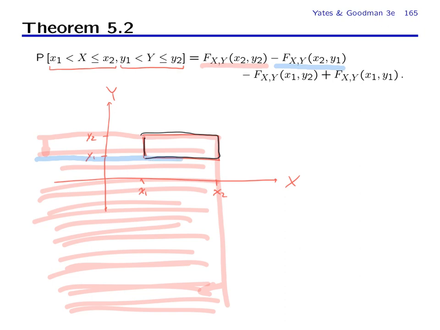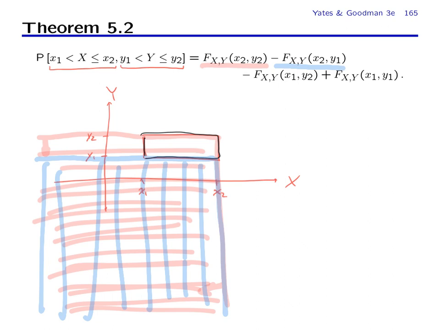That corresponds to subtracting away probabilities of x's and y's in this box. And then from there, we'll also subtract away the probability of x is less than x1 and y is less than y2. That corresponds to subtracting away probabilities of x's and y's in this green box.